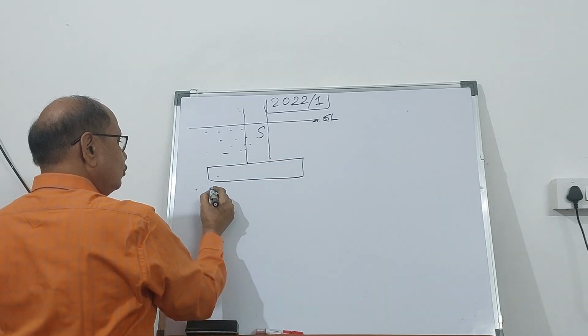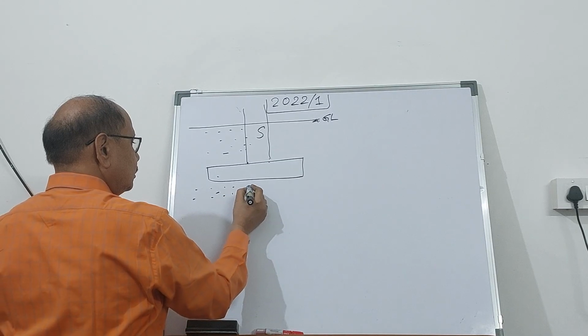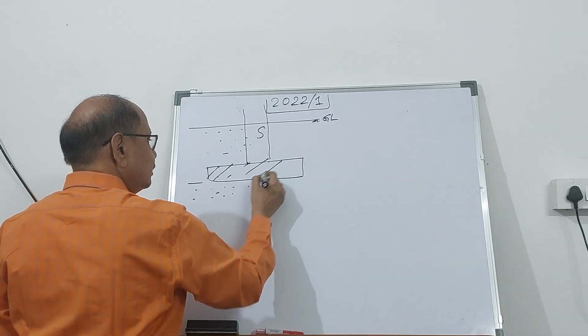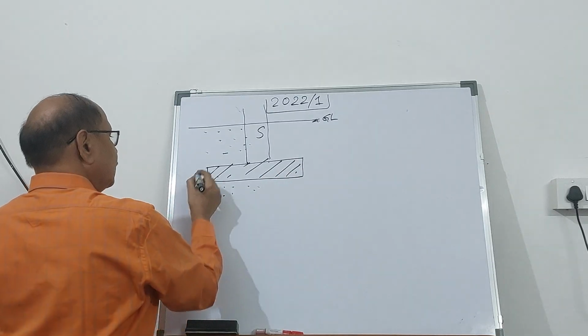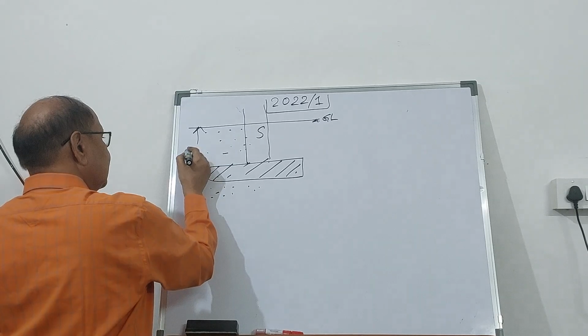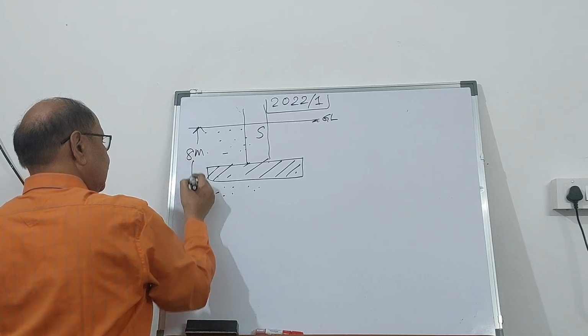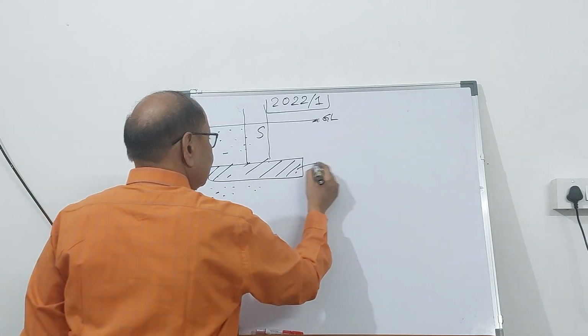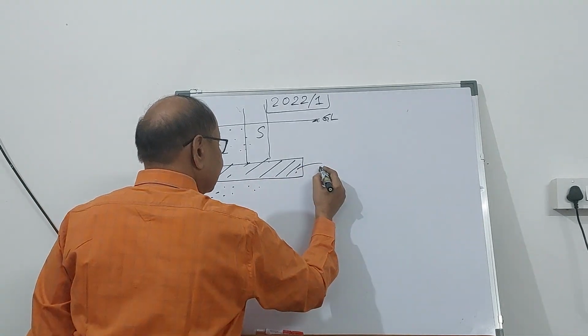In the sandy ground, the base of the raft is at a distance from the ground level of 8 meter.